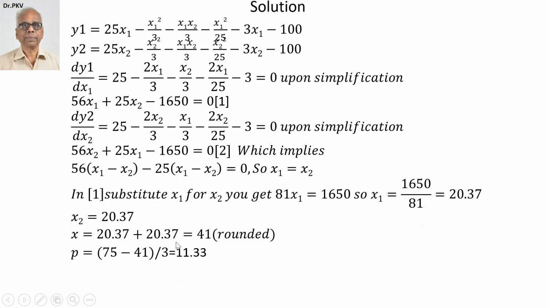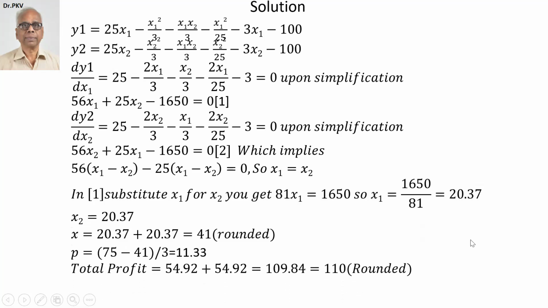So $11.33 is the price, and the total profit will be, if you simplify the first expression and the second expression, 54.92 and then another 54.92, which is 109.84. And so the final answer is 110 rounded. That is the situation, and this is the solution to the problem.